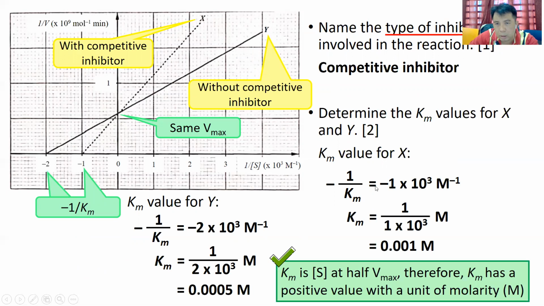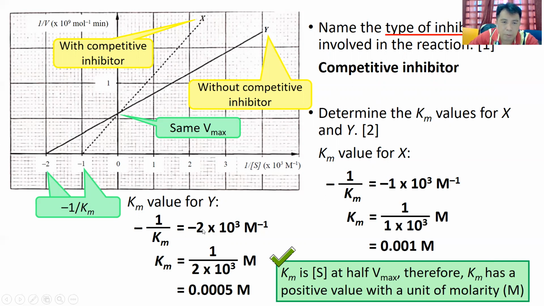This one here is times 10 to the power of 3. Negative, negative, so it becomes positive. Then Km is 1 over it, so here is 1000. So that means it is equal to 0.001 molarity.